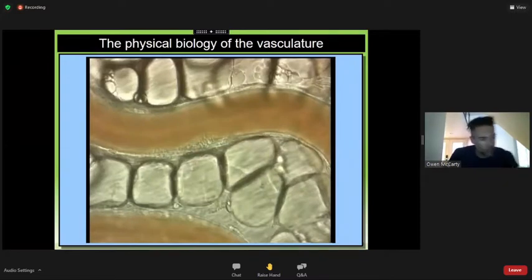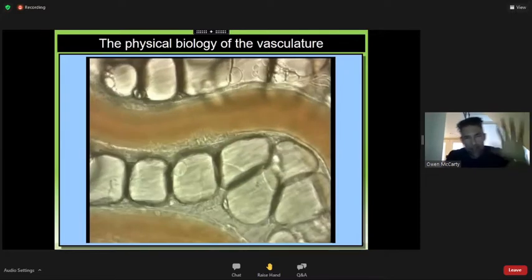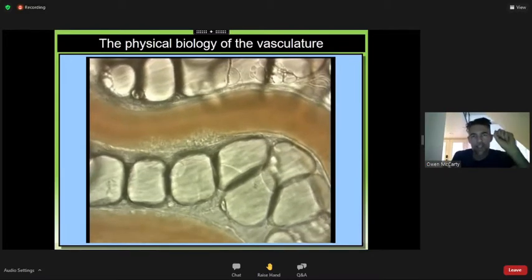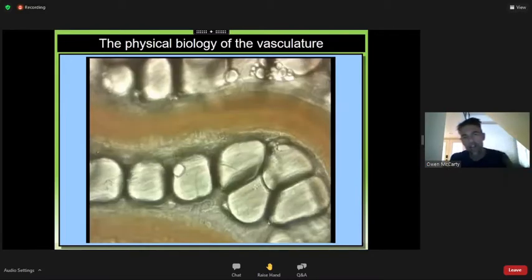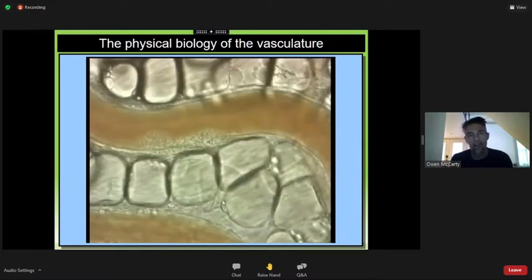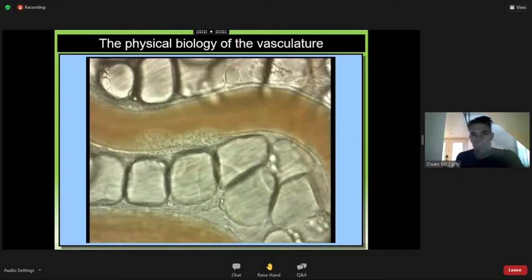So what I'm going to be talking about is an engineer's view of the vasculature. This is looking inside a vein and inside an artery. The top part, that little stream, is an artery, and blood is flowing from the right to the left.